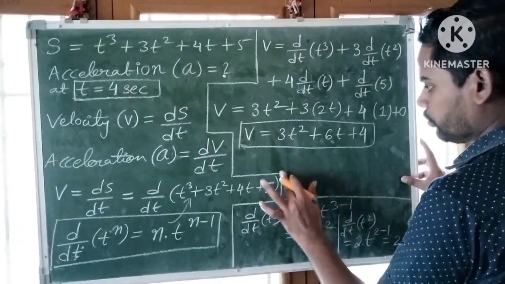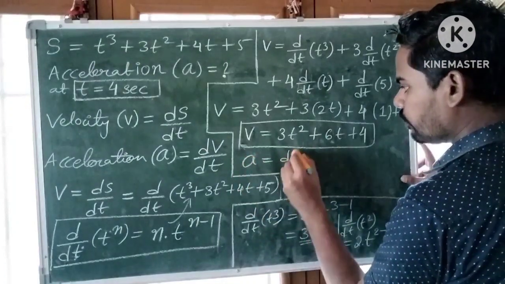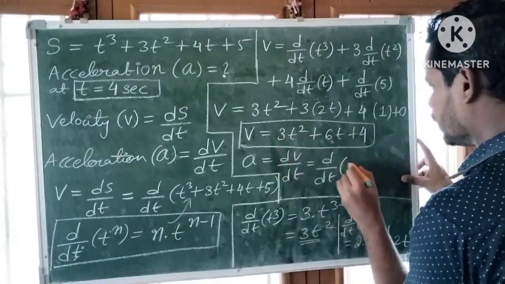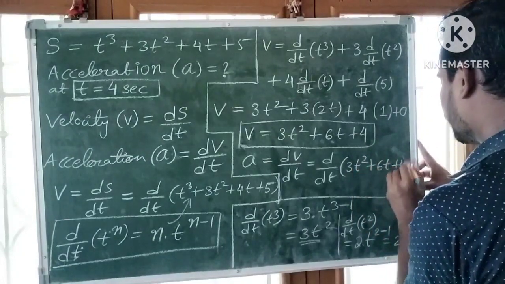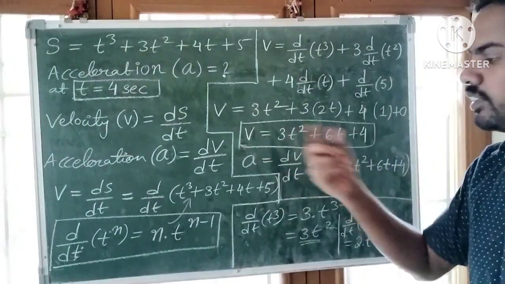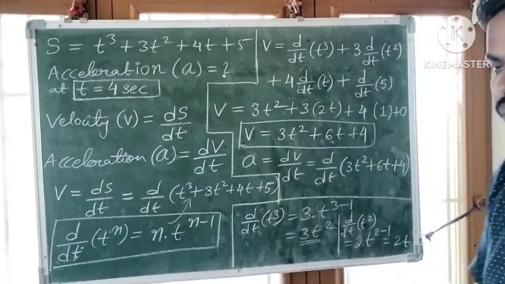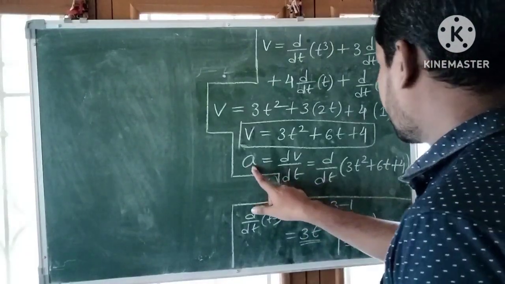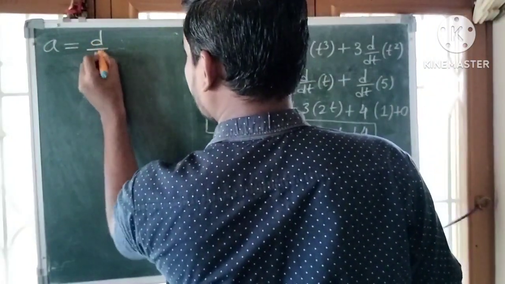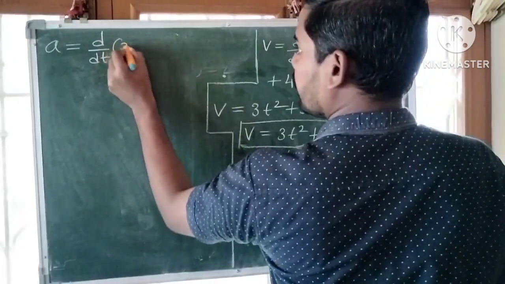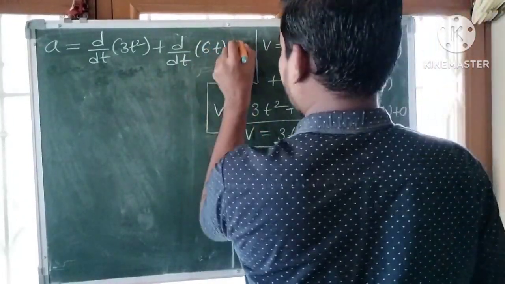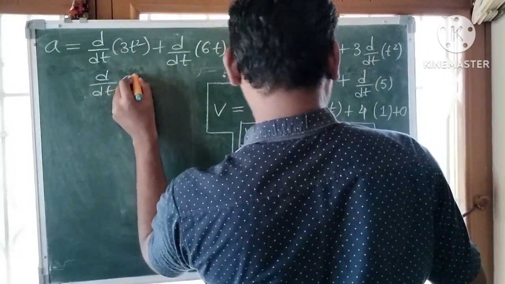Now acceleration a = dv/dt, which is d/dt of 3t^2 + 6t + 4. Applying the derivative to this expression will give us the acceleration equation: a = d/dt of 3t^2 + d/dt of 6t + d/dt of 4.